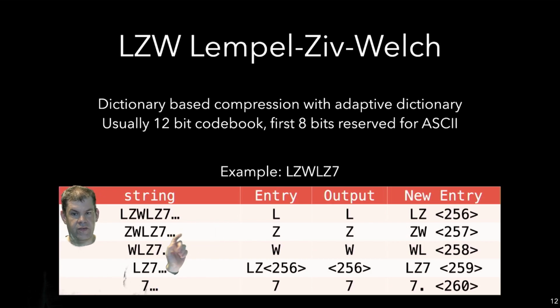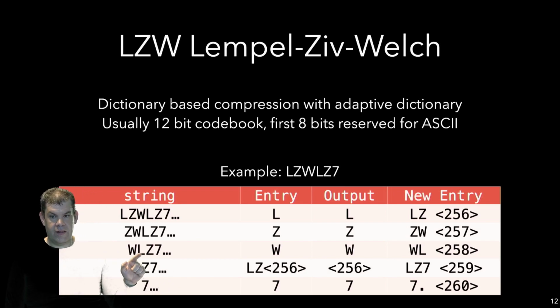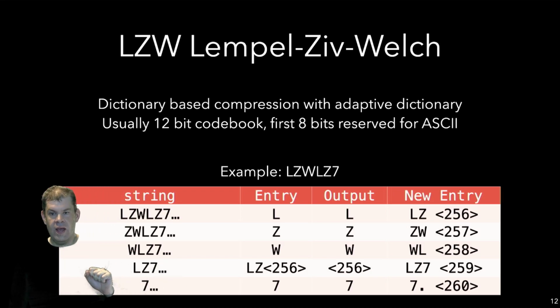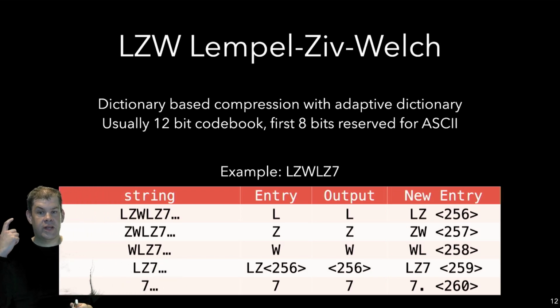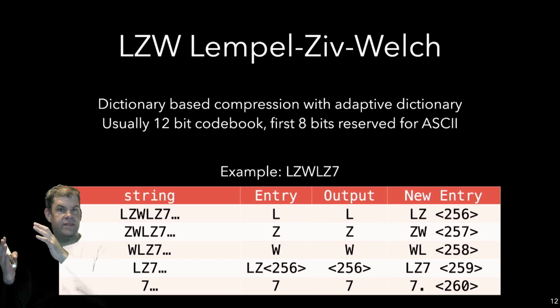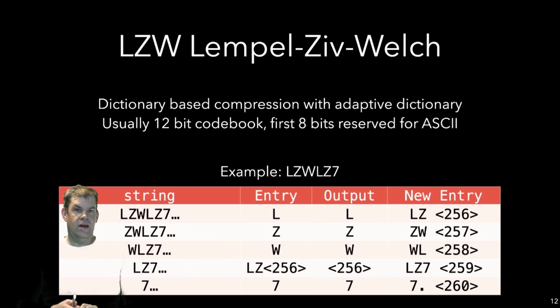Now it gets interesting. After the W, where we create a new entry WL, we hit LZ, because we got LZWL. After the W, we encounter LZ, and we've encoded LZ before. So we now have one entry for 2 characters, and that's what we output. We output the 256, which represents LZ. I've written LZ beside that, but the only thing that we output is the 256.